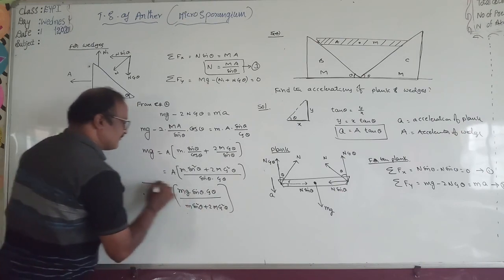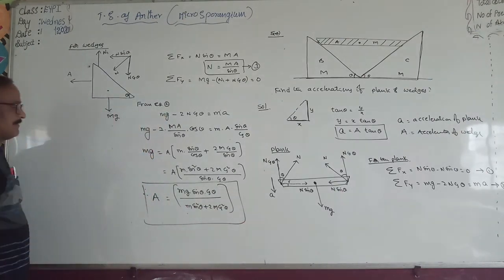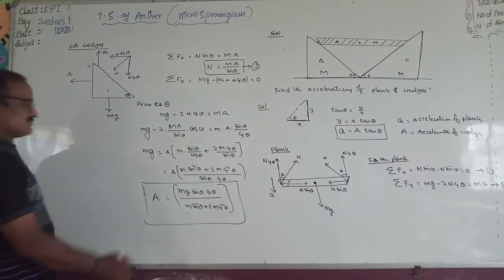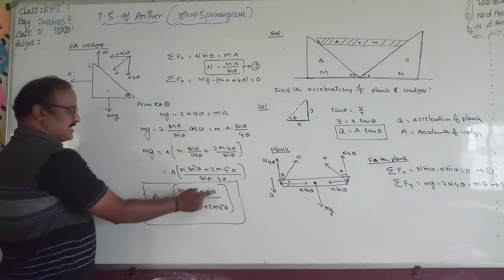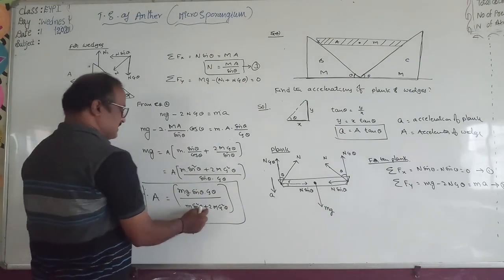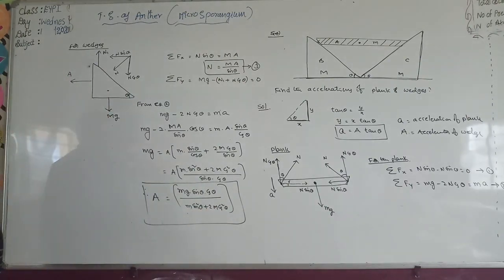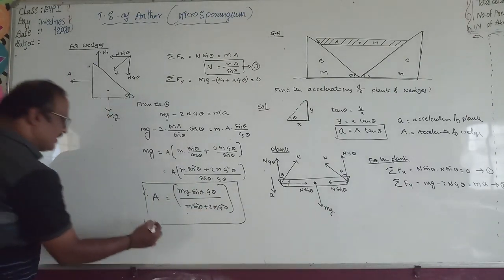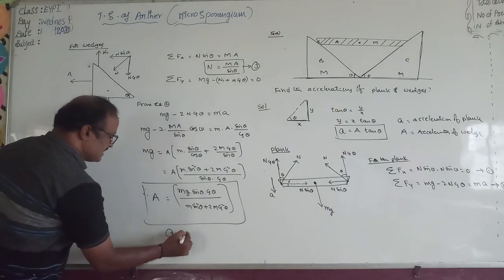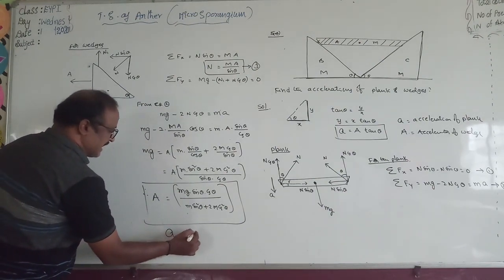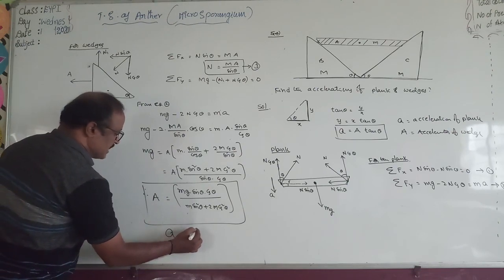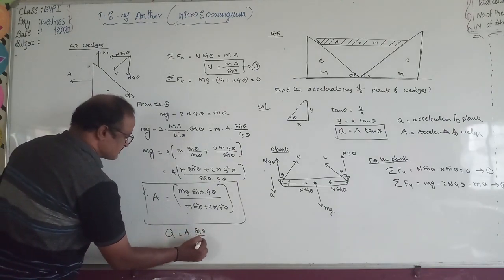So this is the formula for acceleration of both the blocks B and C in terms of small m, capital M and also theta. Now find the value of small a. Again, you know small a is equal to capital A into tan theta, and tan theta is sin theta by cos theta.